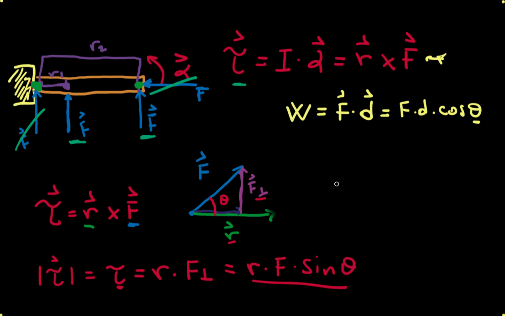If you have a torque, so torques are vectors. How you get out of this vector format is: if the torque causes the object to rotate this way, we're going to call this positive, and if the torque is trying to get the object to rotate this way, we're going to call it negative.